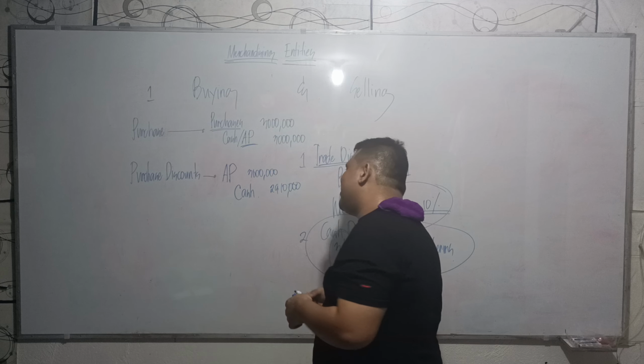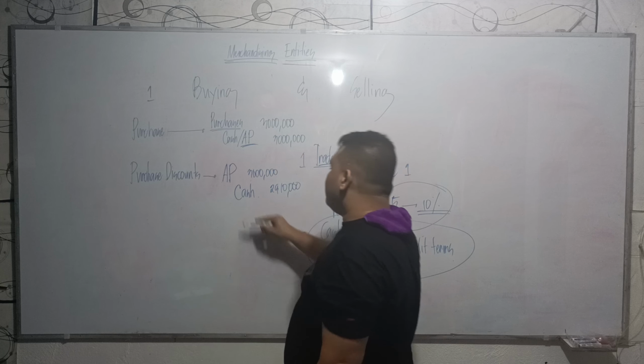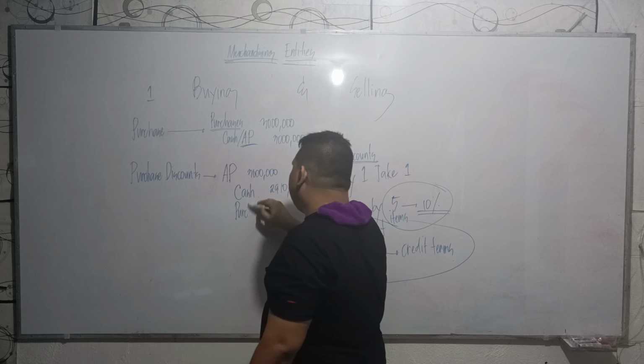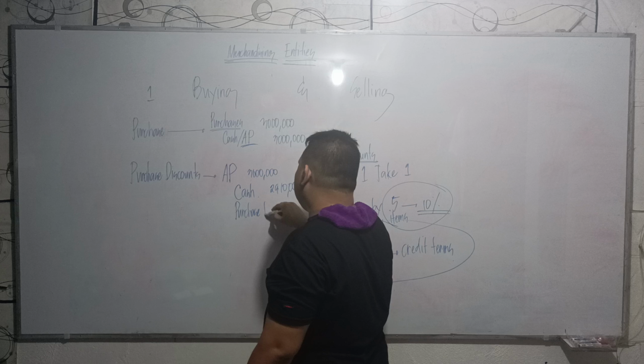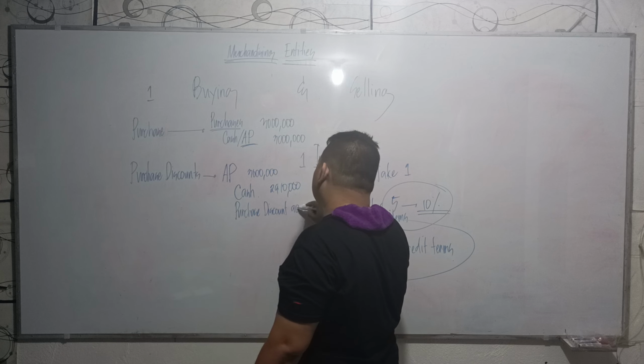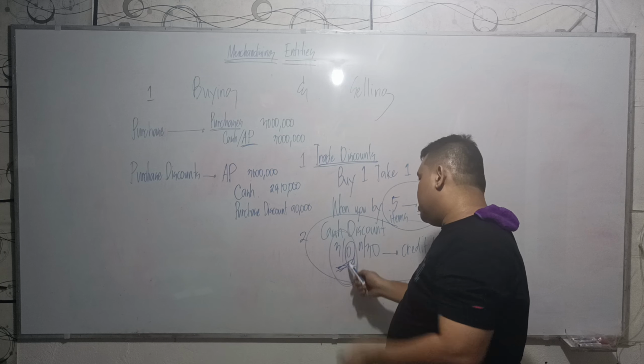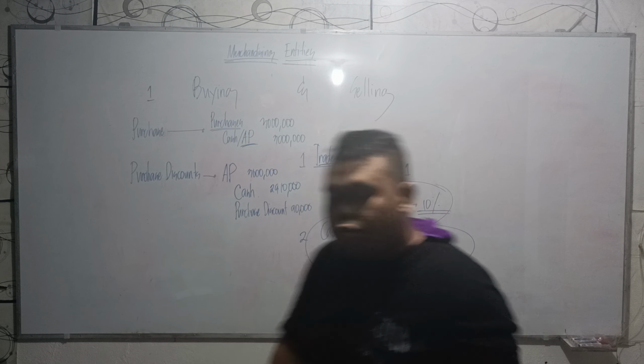Even now, I'm still not sure. It's 2,910,000. Okay? Because there is a purchase discount of 90,000, because you have paid within the discount period. This 10 days is what we call the discount period.